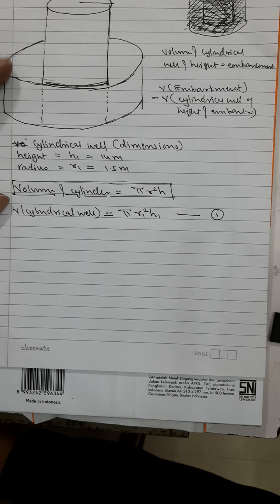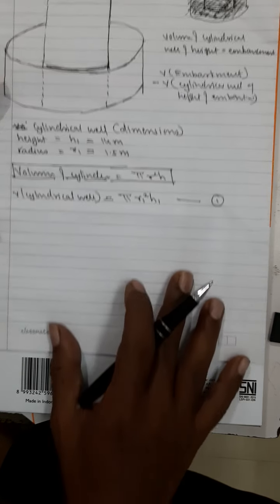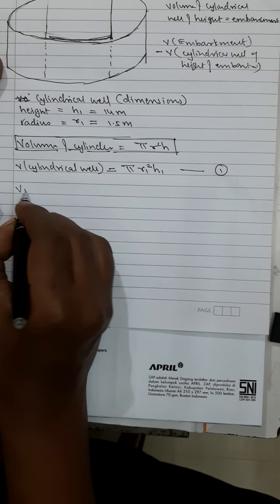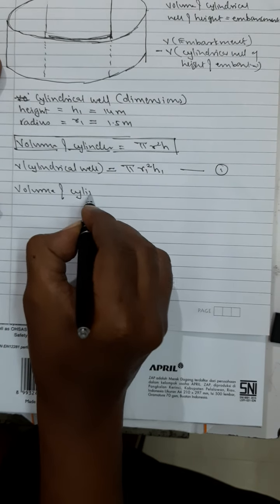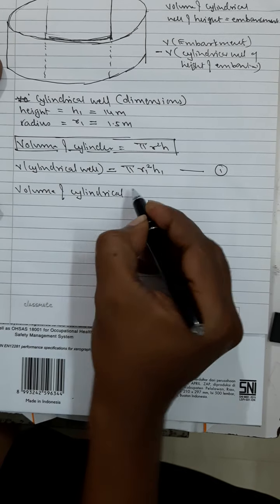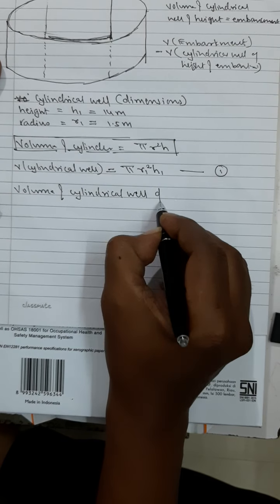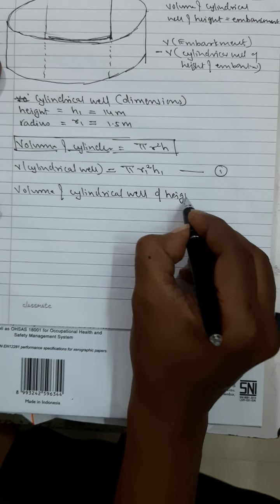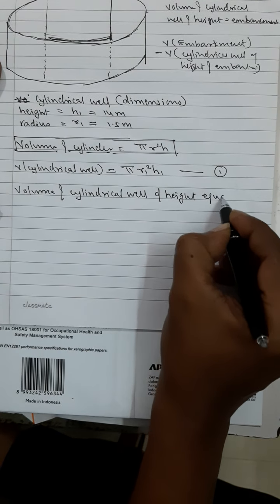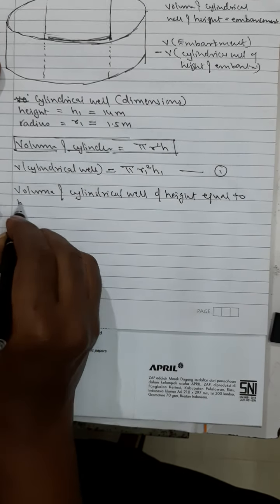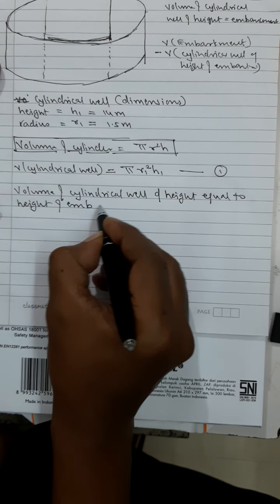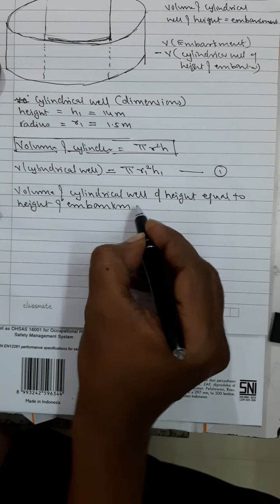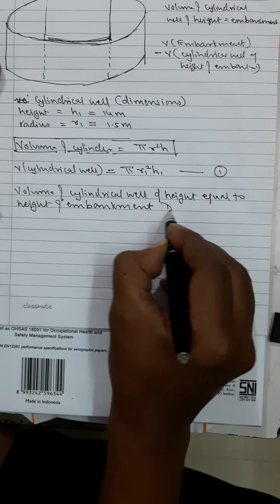Now I have to think about the volume of the cylindrical well up to the height of the embankment. Dimensions.